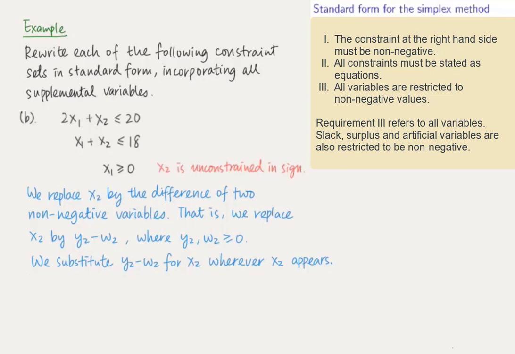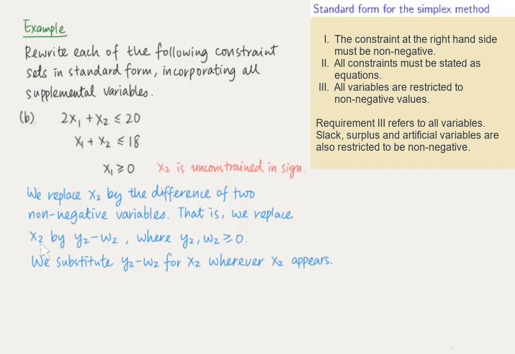Then we substitute y2 minus w2 for x2 in all the places in which x2 appears. We can do so because we can use y2 minus w2 to form any possible value of x2, no matter whether x2 is positive, negative, or 0.